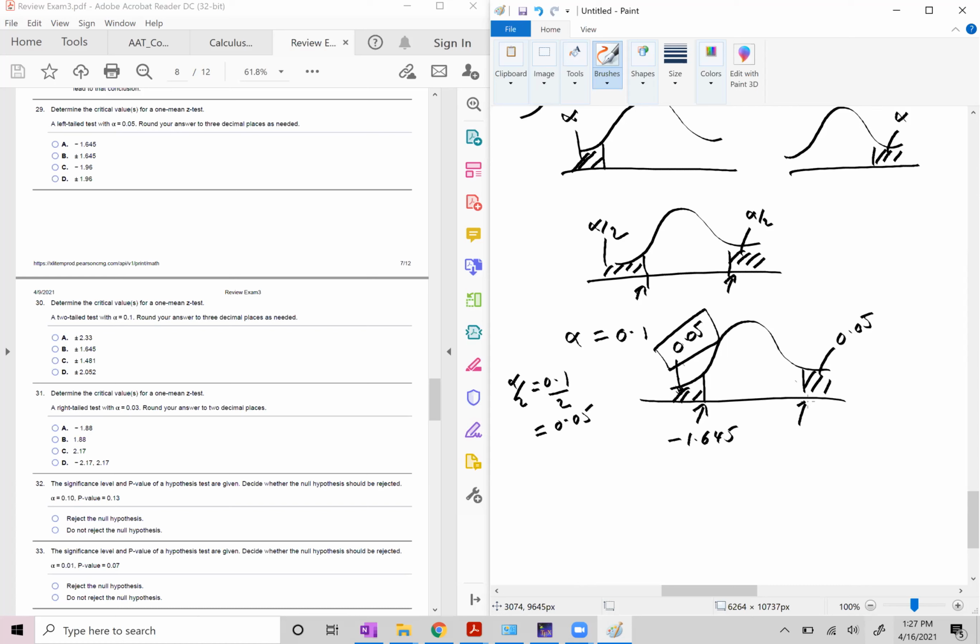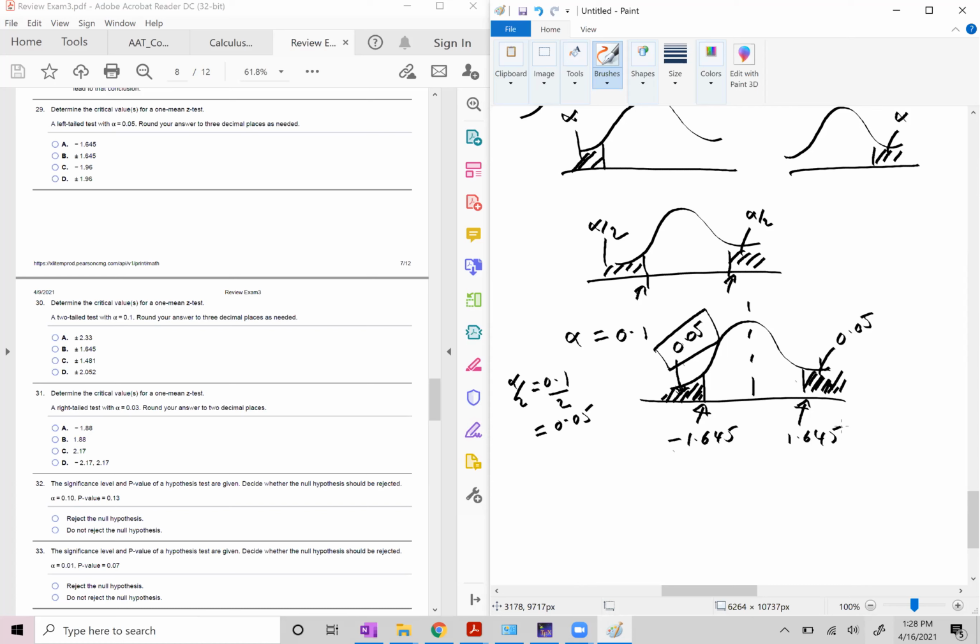And I'm not going to find the other since I have this here by symmetry. I know that the normal distribution is symmetric. So when I have 0.05 probability to the left, the value is -1.645. And when I have the same probability to the right, the value should be the opposite sign of it. That means +1.645.